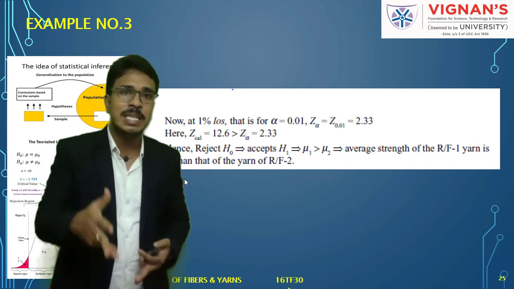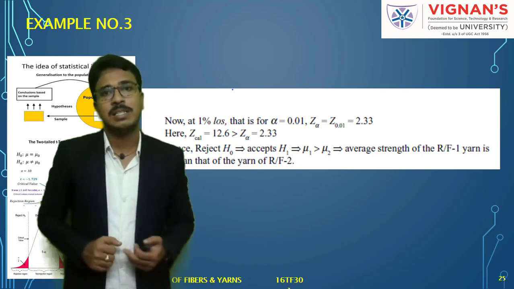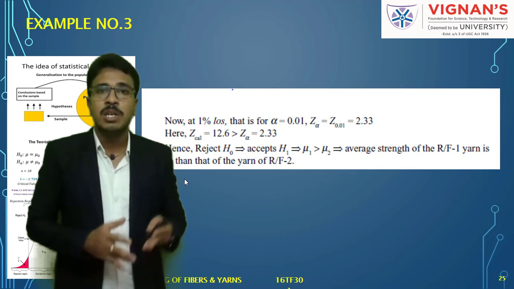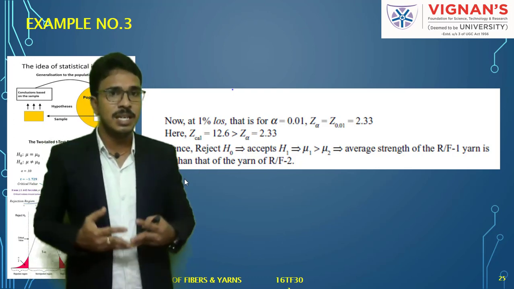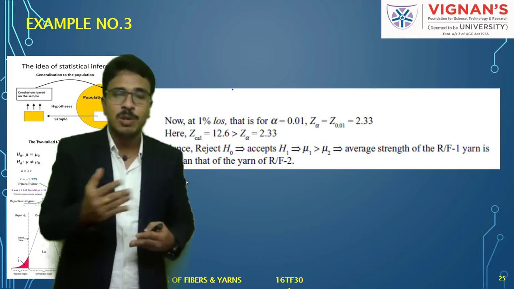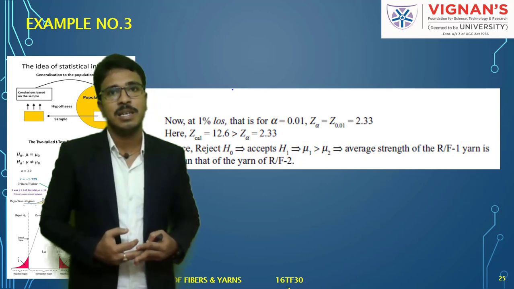Okay, so hope you understand this class, and now I think you understand how to test our hypothesis using this Z test with practical examples related to textiles. So now I request all of you to go through this Z test, and especially go through these problems. Before going through the problems, try to understand what this Z test is.